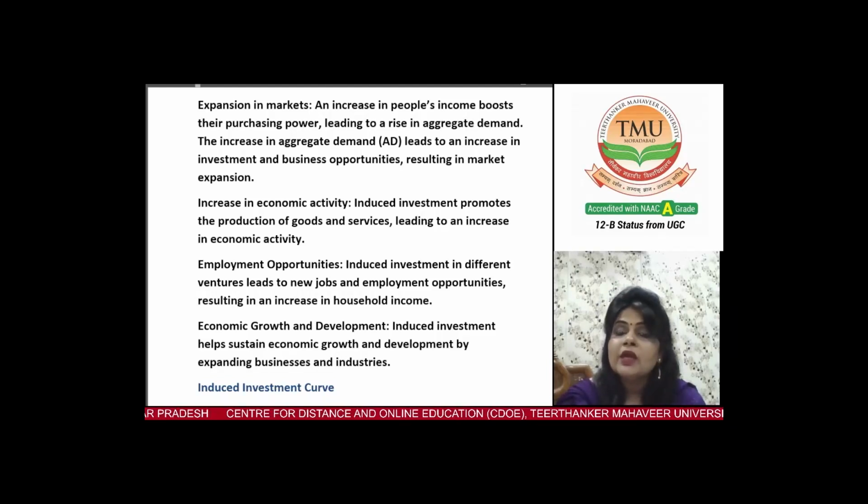Increase in economic activity promotes the production of goods and services. Employment opportunities: induced investment in different ventures leads to new jobs and employment opportunities, resulting in an increase in household income. Economic growth and development: induced investment has sustained economic growth and development by expanding business and industries.